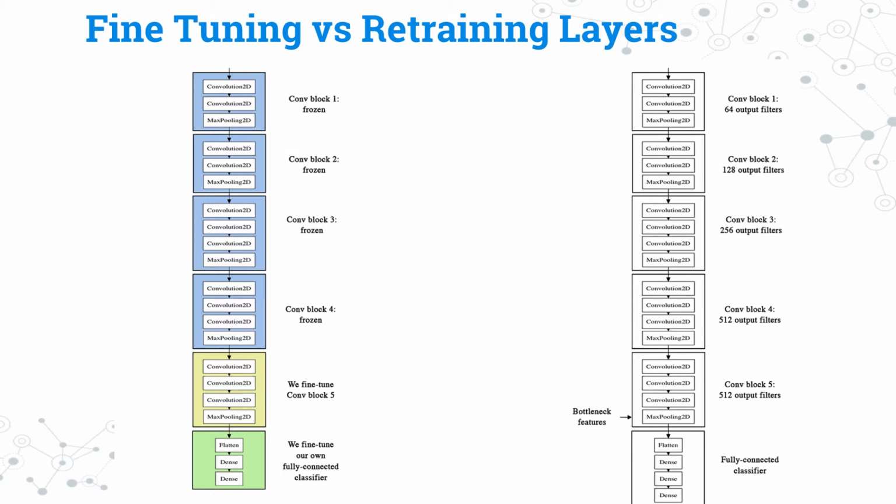So, let's start with retraining layers. The idea I was talking about before, about why it's effective for images, is that we learn these things that are common to images, and those things are typically learned in the convolutional layers. So the motivation is, why don't we just leave all the convolutional layers as they were in our pre-trained model for ImageNet, and then just get rid of the dense layers at the end that are actually predicting classes.